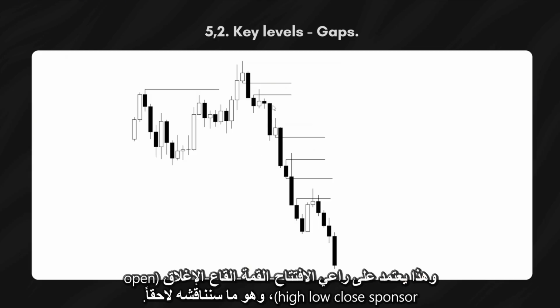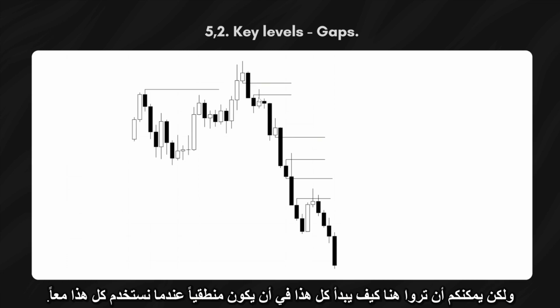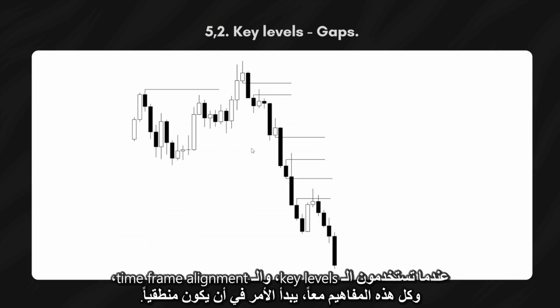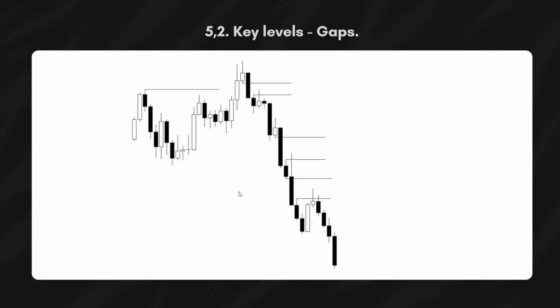This is based on the open high low close concept, which we'll discuss later. But you can see how all of this starts to make sense when you use the key levels, the time frame alignment, and all of these concepts together.